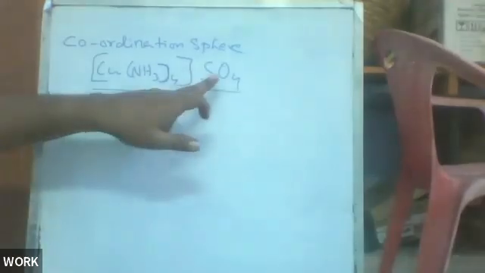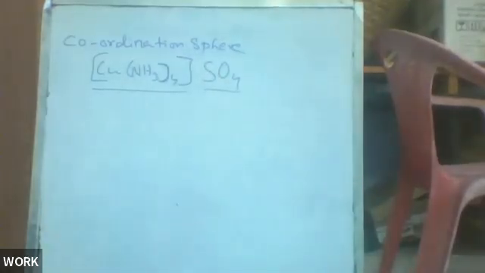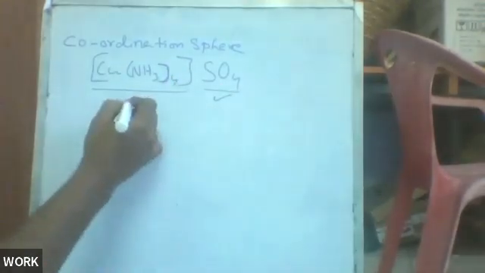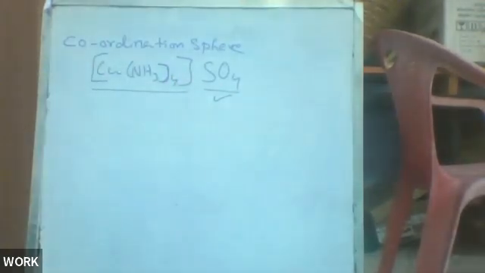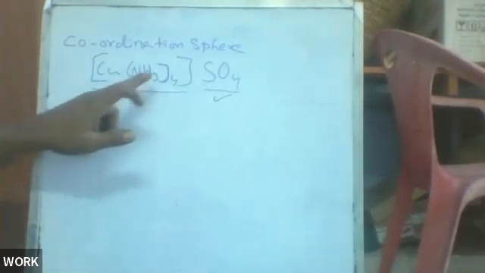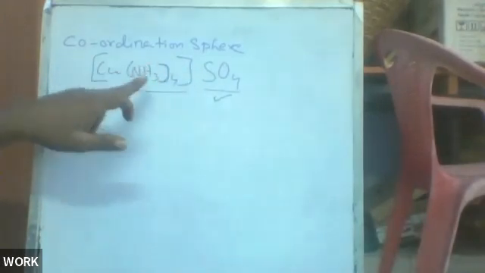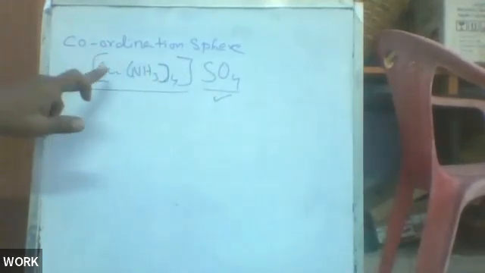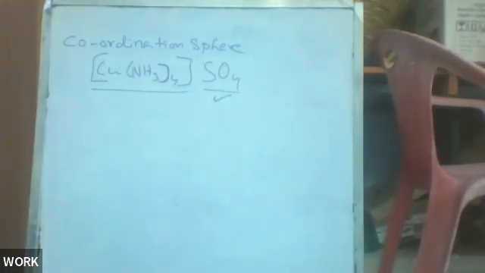If you test, you get the positive test for sulfate. You will not get the test for ammonia and copper. It shows that it forms a different compound. So this is not ionizable, and this is ionizable. Whatever is non-ionizable, which bonds with your metal atom, is called the coordination sphere.